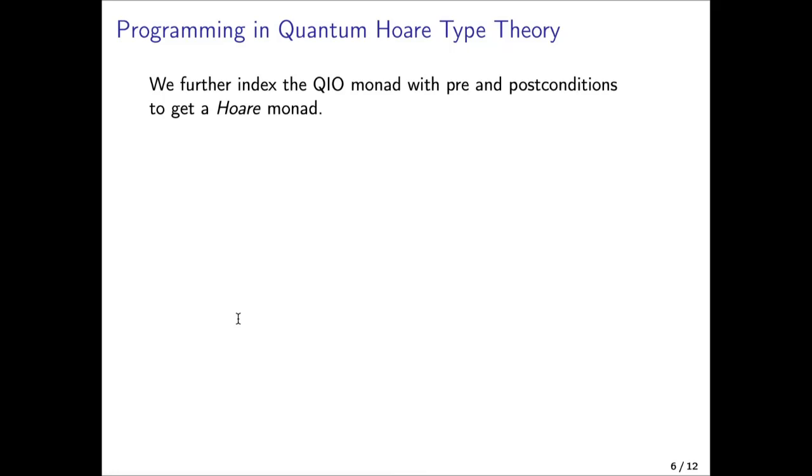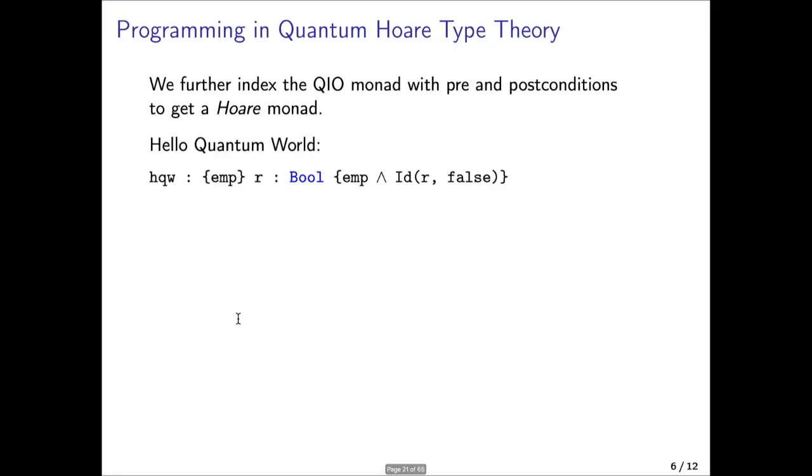The core idea is that instead of just indexing the QIO monad with the result of the computation, we also index it with pre and post conditions, similar to a Hoare type we saw before, and we can call it a Hoare monad or a Hoare type. Here is an example of a trivial function, hello quantum world. The precondition on it is empty.